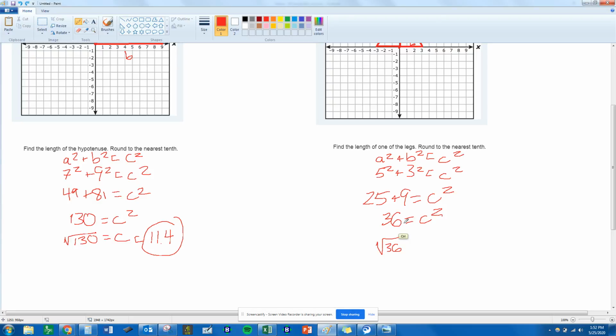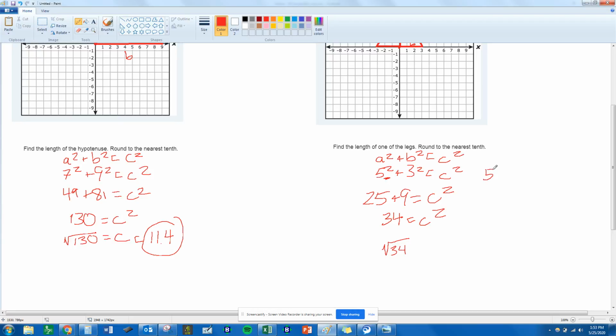Let's backtrack. 25 plus 9, 34 equals c squared. And from there, I'm going to take the square root of 34 to get my answer. Oh, I'm realizing this wasn't meant to be 5 because these were going by tens. I counted on the graph I made. Let's restart right from here.